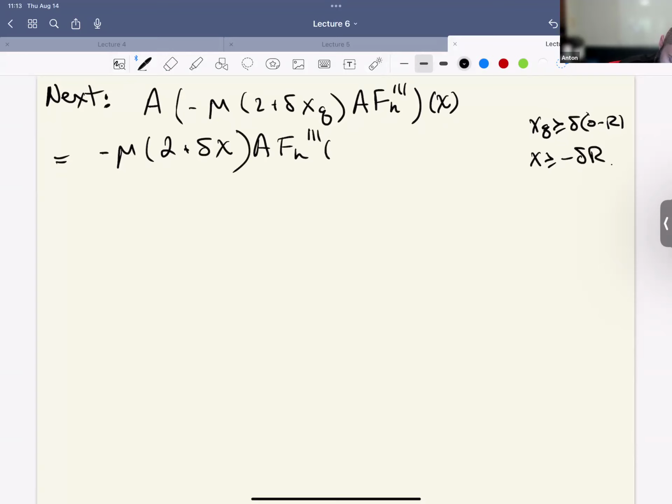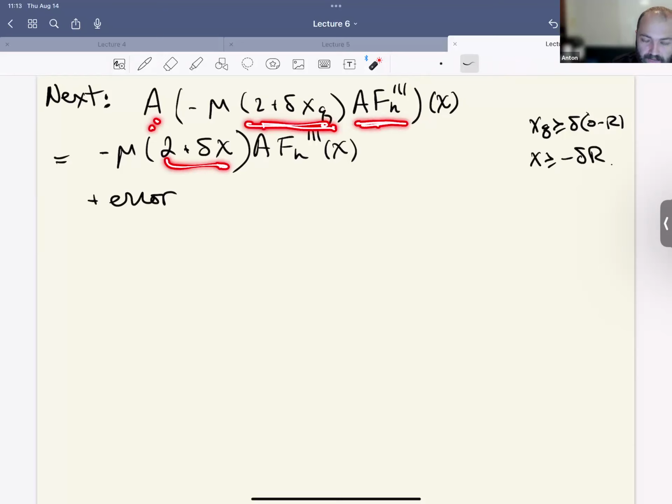Triple prime of x plus an error term. And let's quickly convince ourselves that we understand the error term. The first thing we want to say, okay, we're applying A to the product of two functions again. This function is linear, so A applied to this function is the linear part.